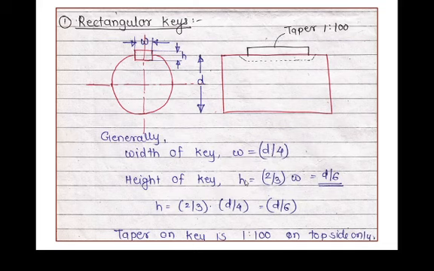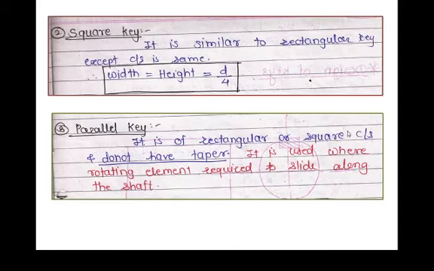Then the height of the key is H is equal to 2 by 3 into W. Since W is equal to D by 4, H will be equal to D by 6. Therefore the width of the rectangular key is taken as D by 4 and the height is taken as D by 6. This rectangular key will have a taper on one side of 1:100.